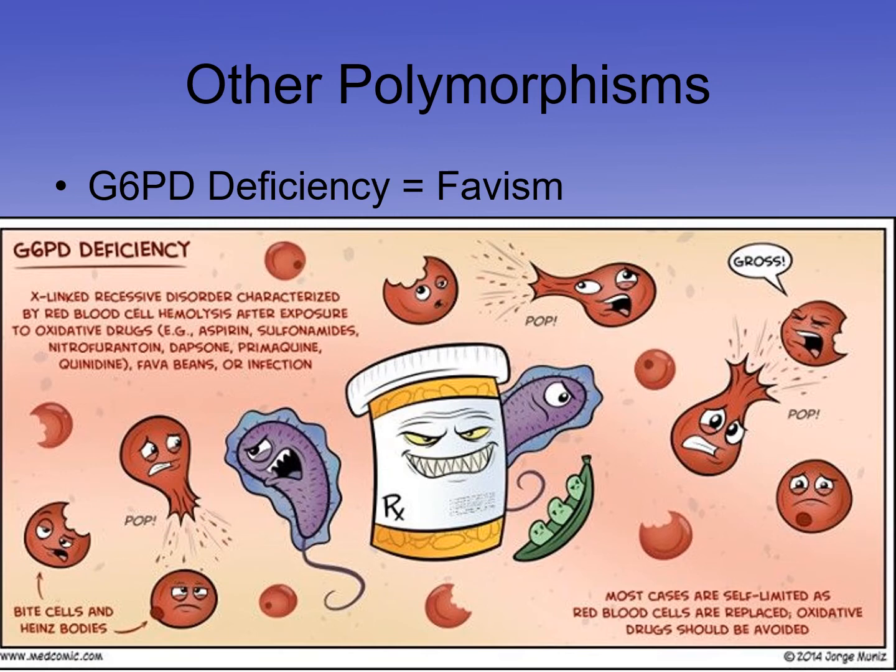Fava beans will actually cause this, which is why they call it favism, or an infection could cause this. In most cases it is self-limited as red blood cells are replaced, and oxidative drugs should be avoided in these individuals. But these individuals have red blood cells that are slightly misshapen, which makes them resistant to malaria, right? So we see G6PD deficiency in malarial areas as well.